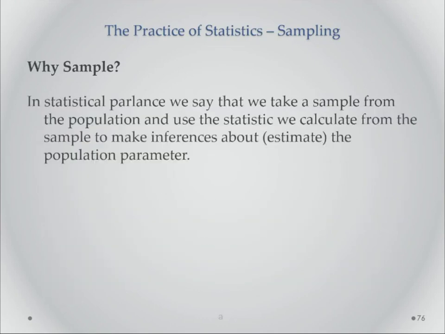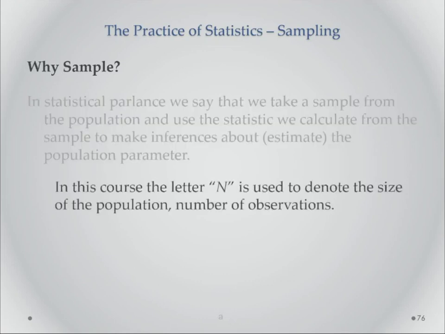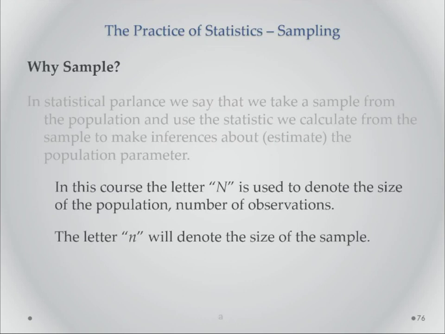In statistics, we take a sample from a population and we use the statistic, or the descriptive statistics, from that sample to make inferences or to estimate a population parameter, the summary of the population. There are two letters we need to start with.